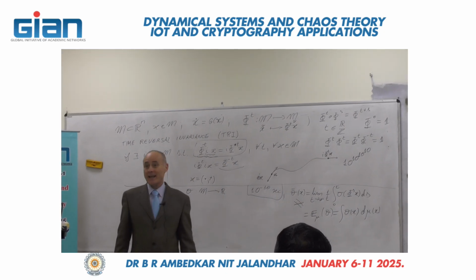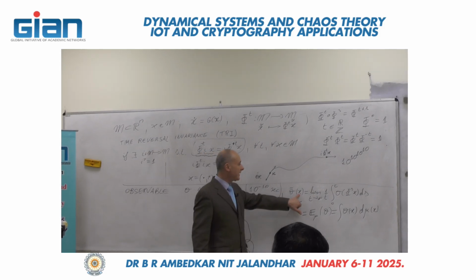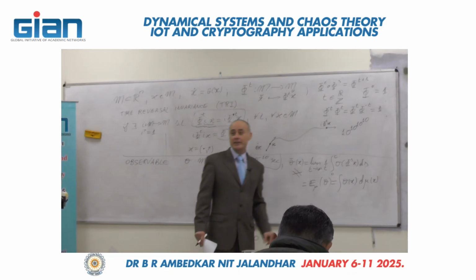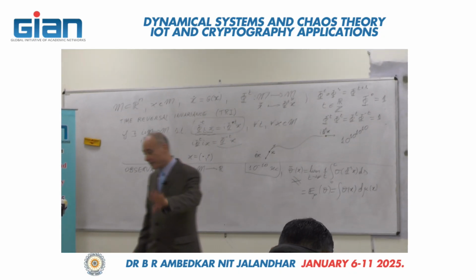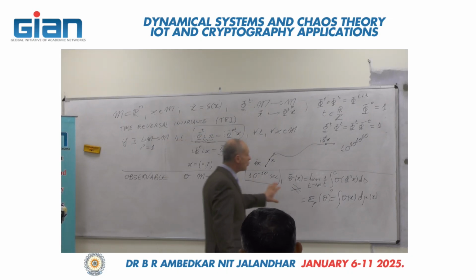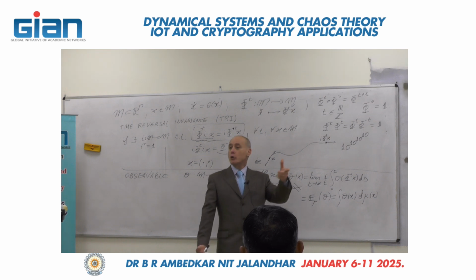There must be some exception. Because here there is the dependence on x, while here you have integrated over all x, so the dependence on x is gone. So you will be happy if this is true, not for all x, but for most of x.